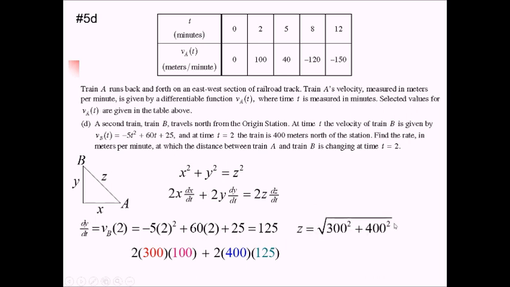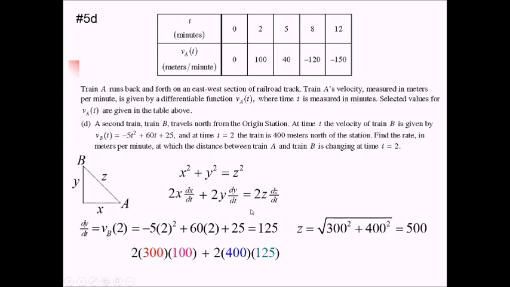And you might recognize that this is a 3, 4, 5 right triangle, in which case you wouldn't really need to do any number crunching to know that this comes out to 500. But you could do the number crunching. This is 90,000 plus 160,000. That's 250,000, whose square root is 500.